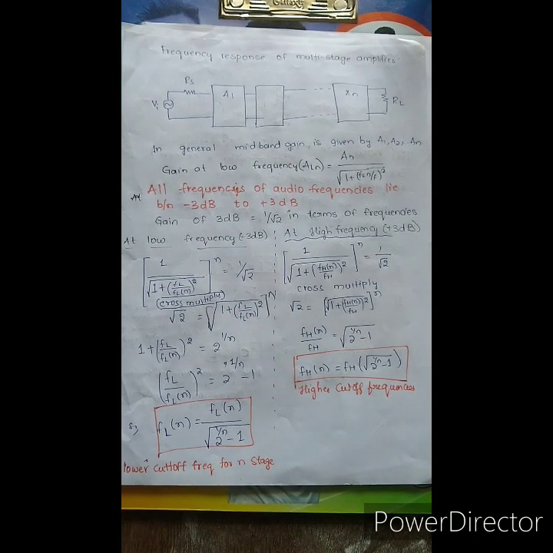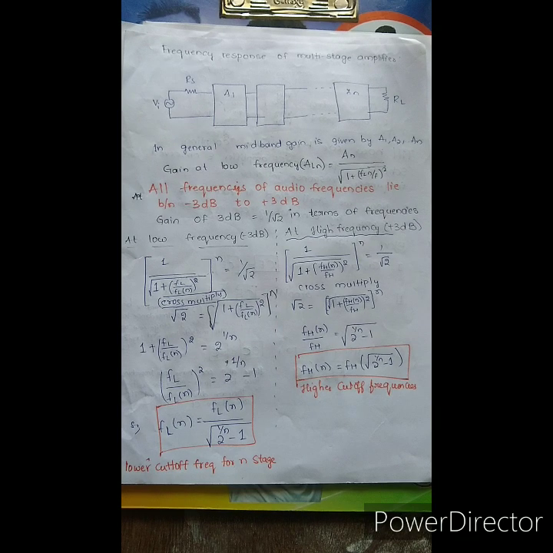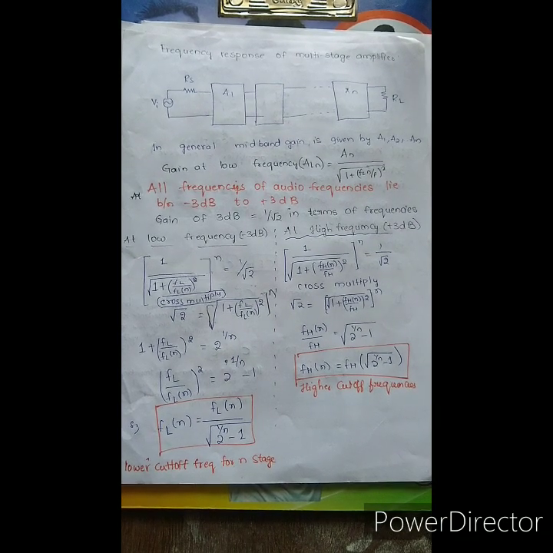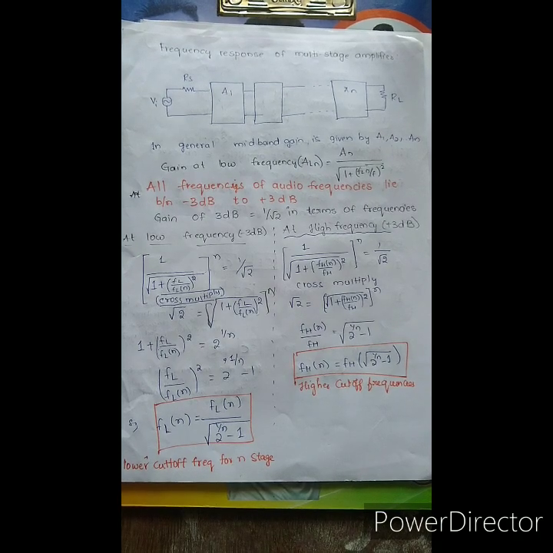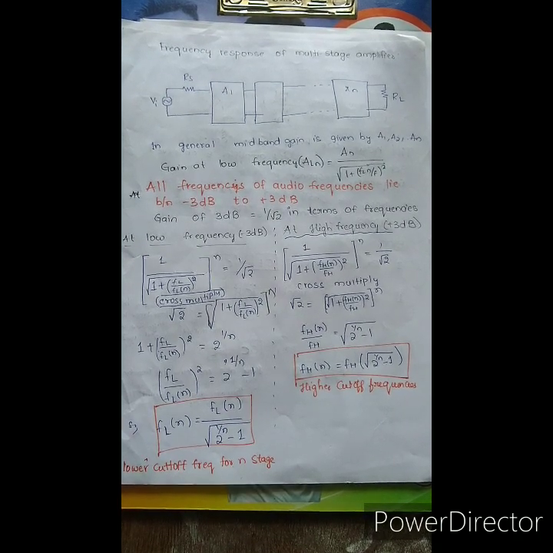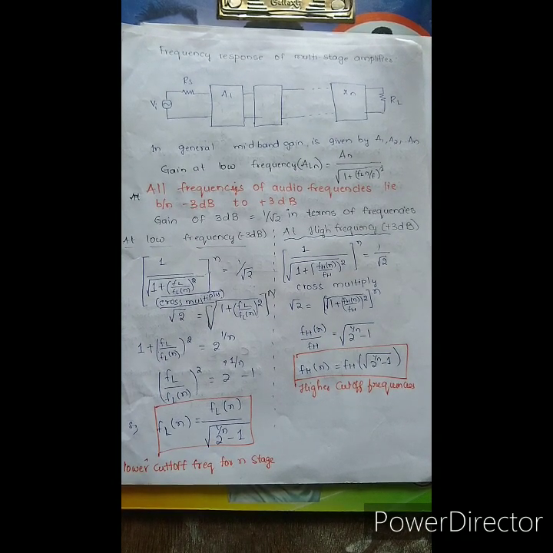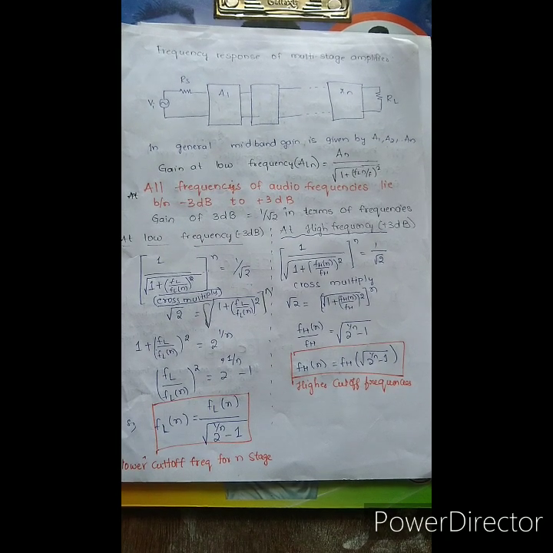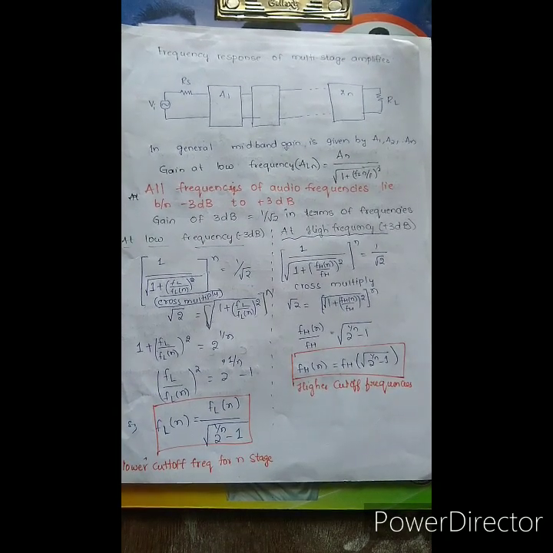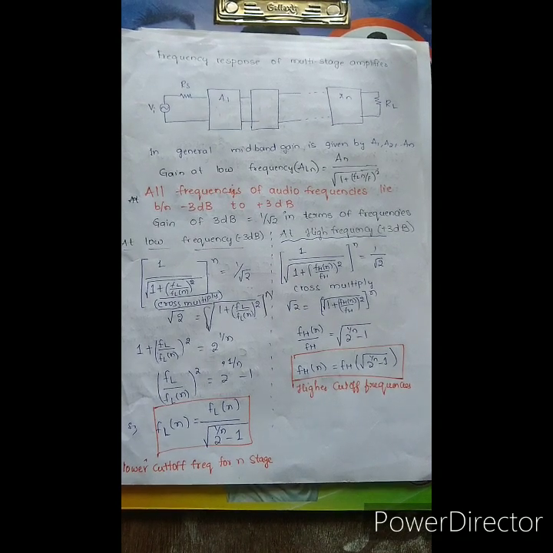We know that all audio frequencies lie between -3 decibels and +3 decibels, and the 3 decibels of gain can be written as 1 by root 2. We know the formula for gain at any frequency: AL equals AM by under root 1 plus FL by F whole square. This is the basic formula.